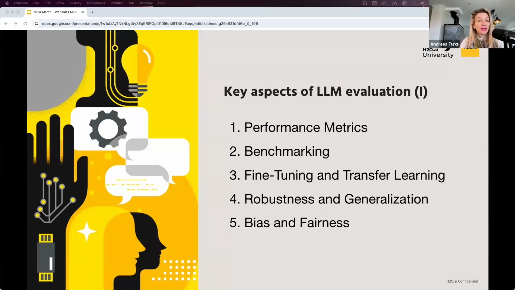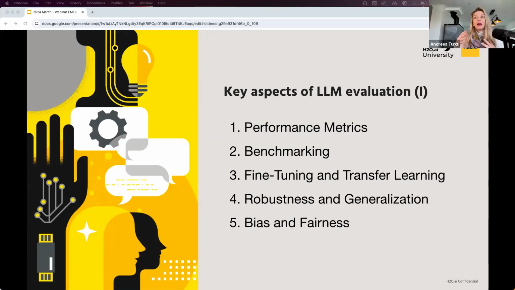The key aspects of LLM evaluation, there are a lot of them. I have just two slides to summarize the information, but to give you an idea, there are several factors that come into play to ensure the models meet the desired standards for a specific task or application. Here are just a couple of key aspects you might consider during LLM evaluation.